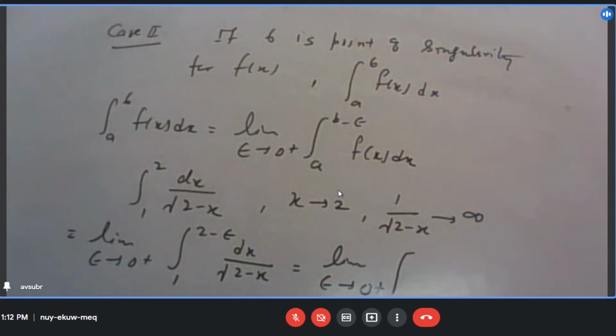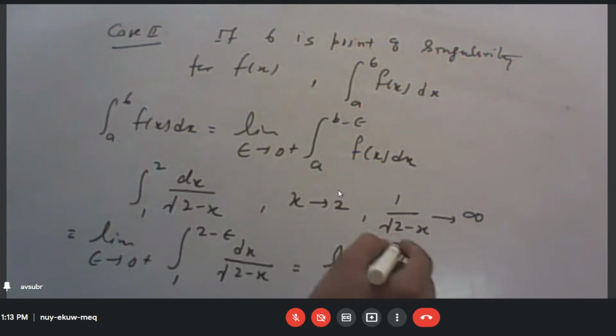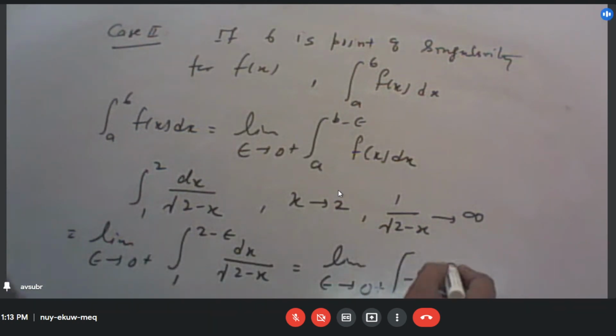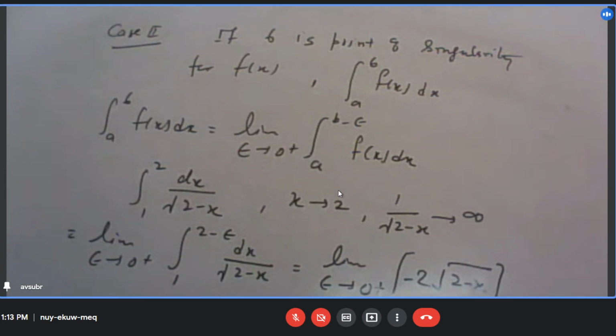What is the integration of this one? Two root 2 minus x, with a minus sign, so minus 2 root 2 minus x. Is it this what you are saying?